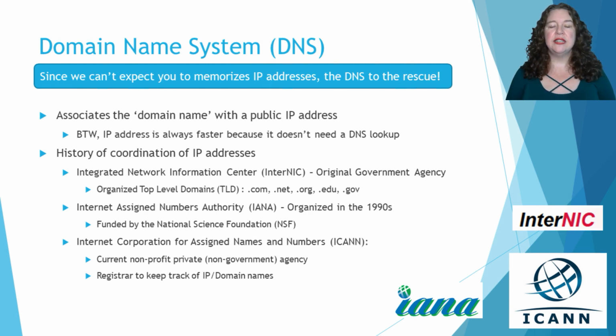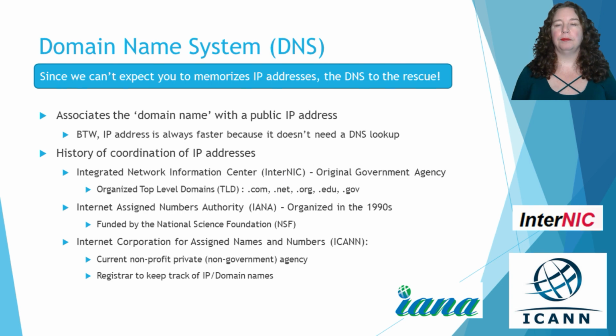We use the DNS system to be able to associate an IP address with a given domain name. So we have our domain name, Microsoft.com, and it has an association between Microsoft.com and its actual IP address. DNS, the domain name system, takes care of that. The default DNS for Google is 8.8.8.8.